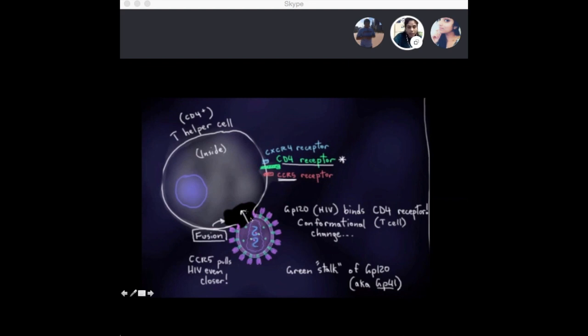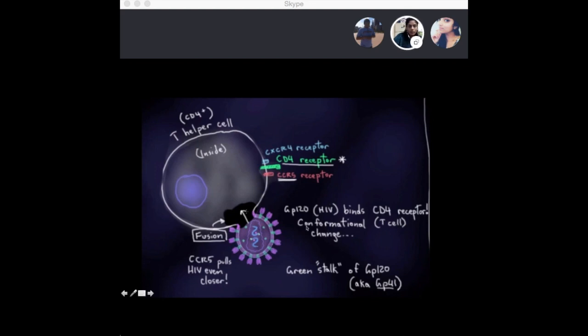This picture is showing the fusion process. Once the lock and key mechanism occurs, which is the binding with the CD4 receptor and the CCR5 receptor, the viral particle fuses with the CD4 cell, and the viral particles, which would be the reverse transcriptase and the RNA, can then be dumped into the CD4 helper cell.